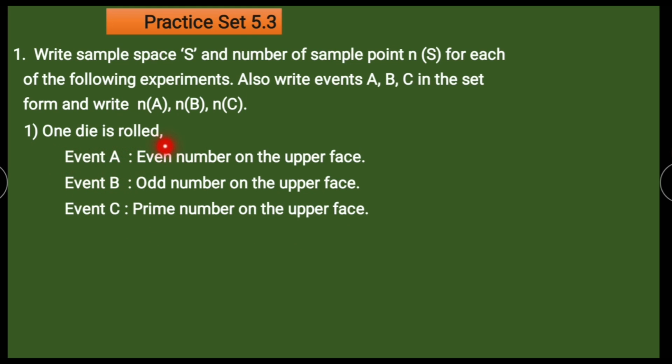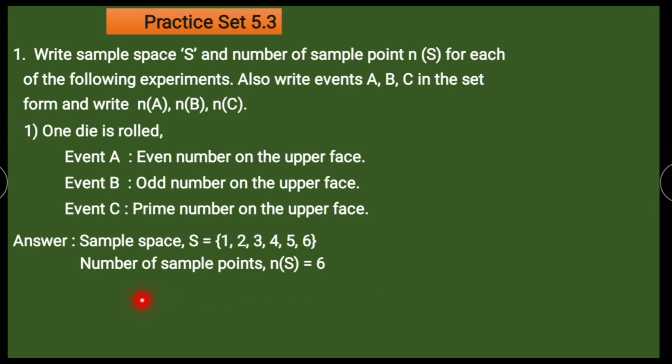When one die is rolled, the sample space is S equals {1, 2, 3, 4, 5, 6}, because the numbers on a die are 1, 2, 3, 4, 5, 6. So n of S equals 6. Write here number of sample points n of S equals 6.